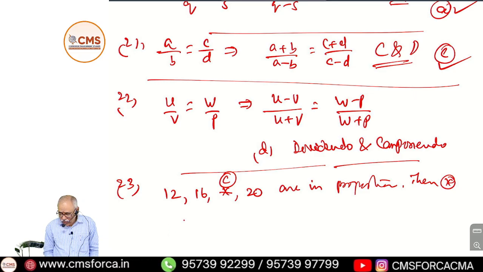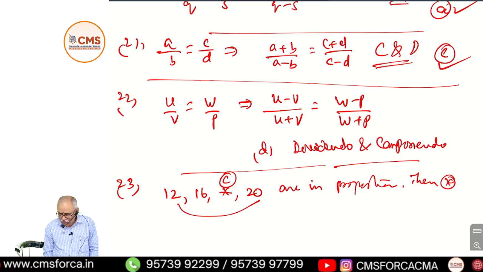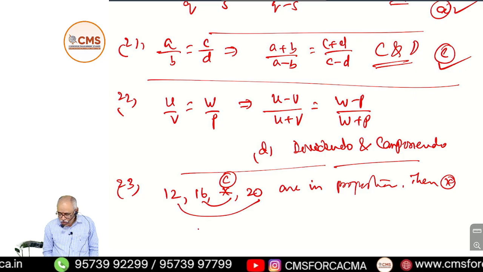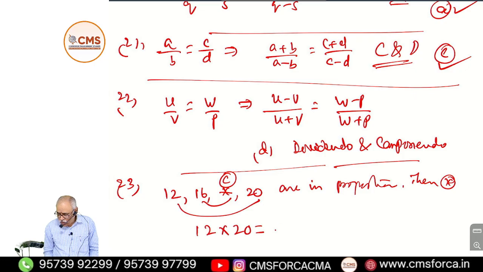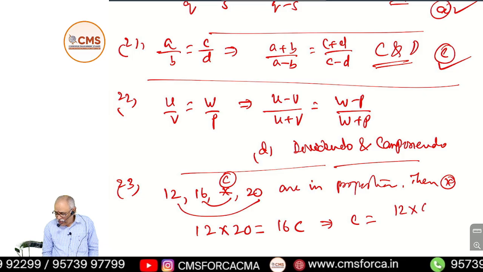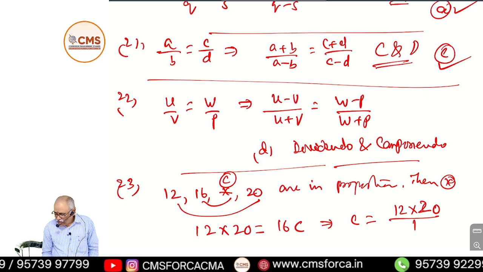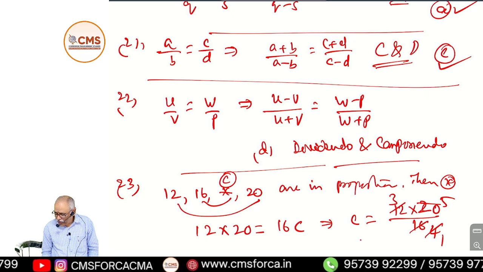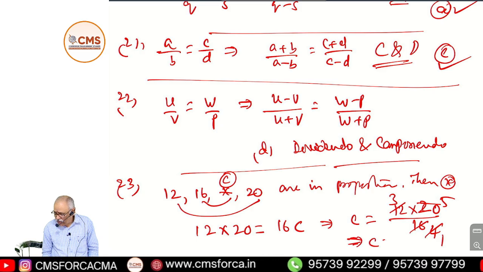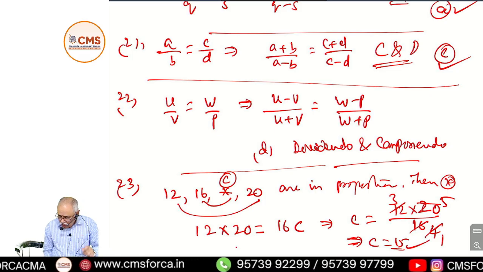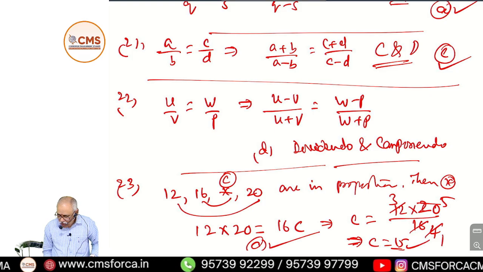The product of the means is equal to the product of the extremes. So 12 into 20 is equal to 16c. c is equal to 12 into 20 by 16. 4 fours are 16, 4 threes are 12, 4 fives are 20. So c is equal to 15. Option C is correct.